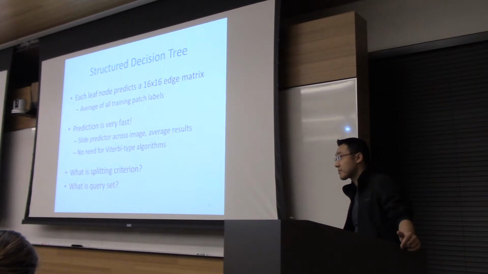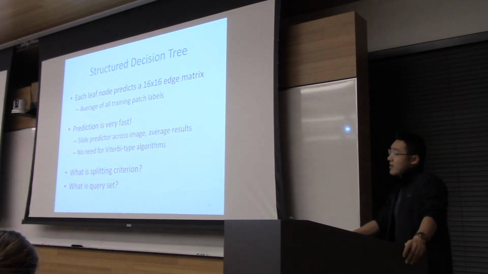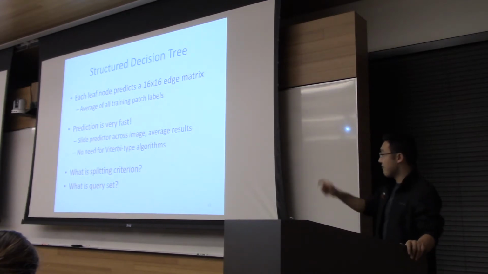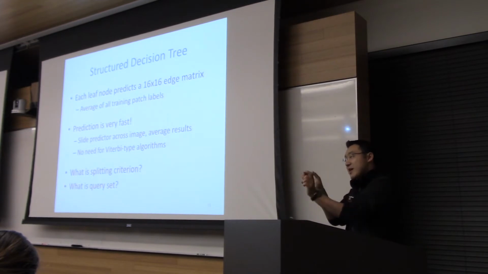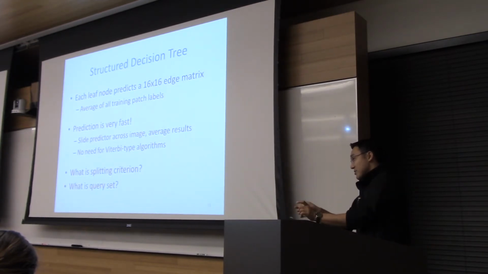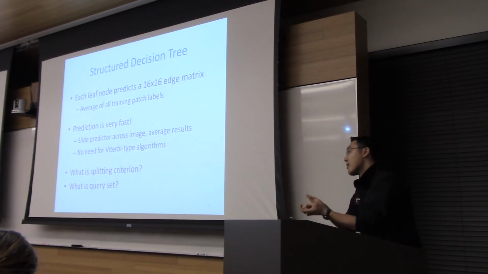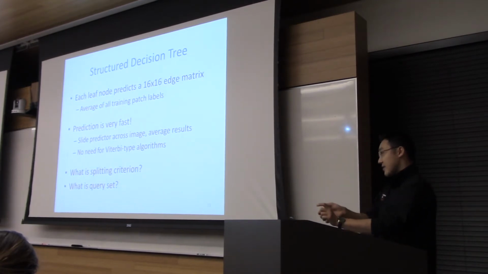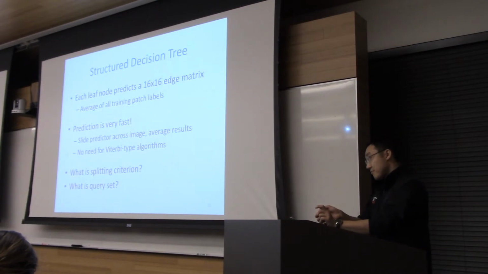Do the edges from one of the 16 by 16 patches depend on any edges on nearby patches? They might, right? If two image patches are very similar, then the probability is reasonably high that they'll get partitioned into the same leaf node.